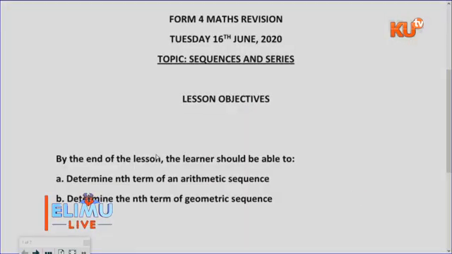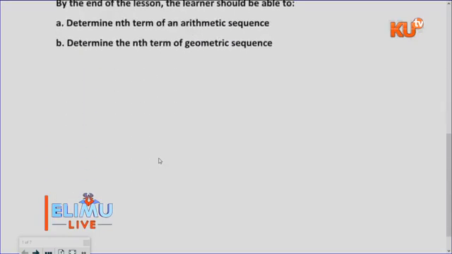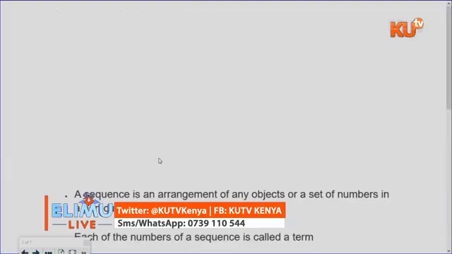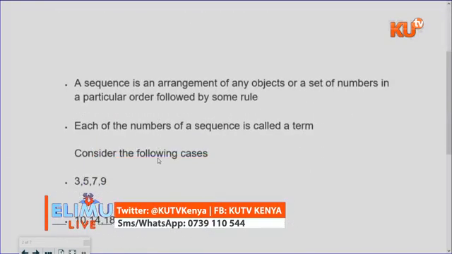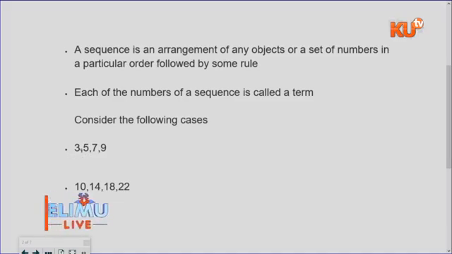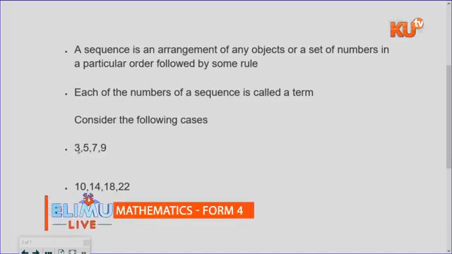Let me show you one that we can identify. If we have this as my number pattern, that is 3, 5, 7, and 9. Those numbers are appearing in a certain order, in a certain pattern, based on a certain principle.